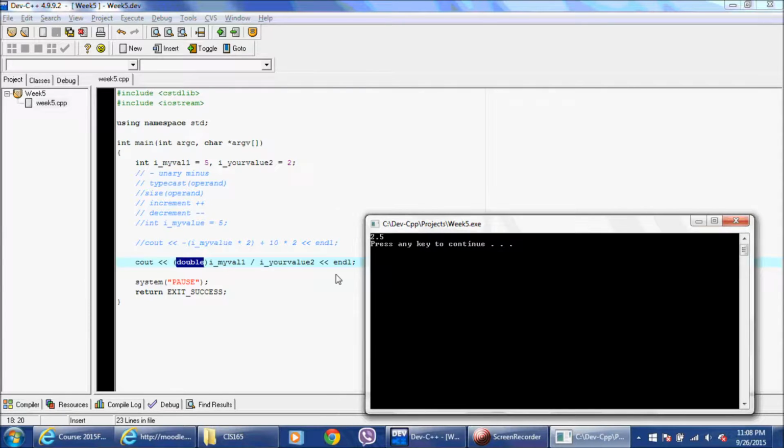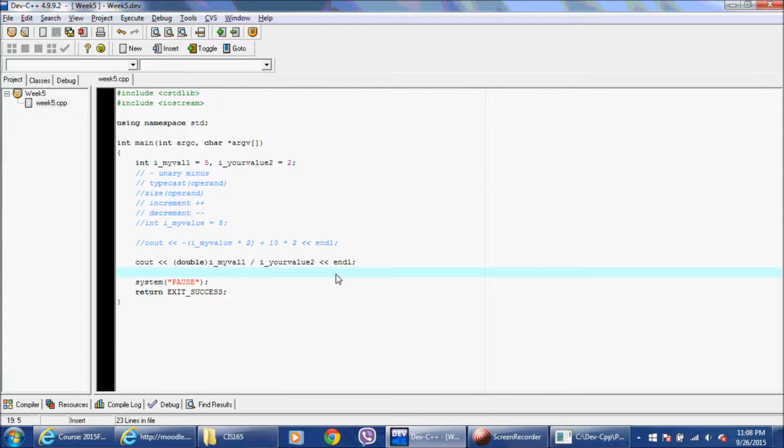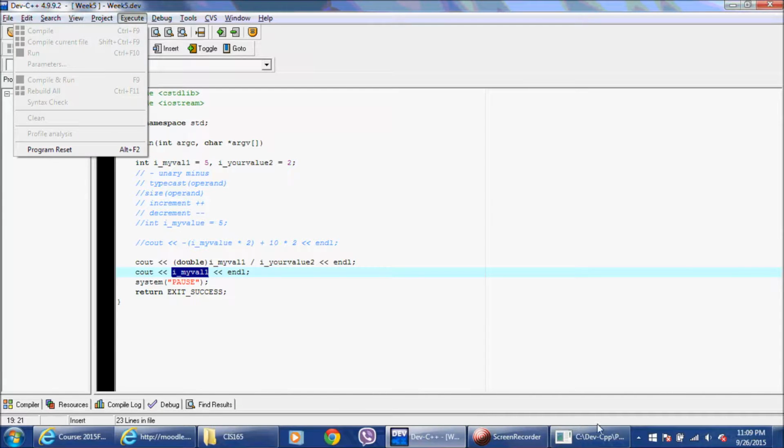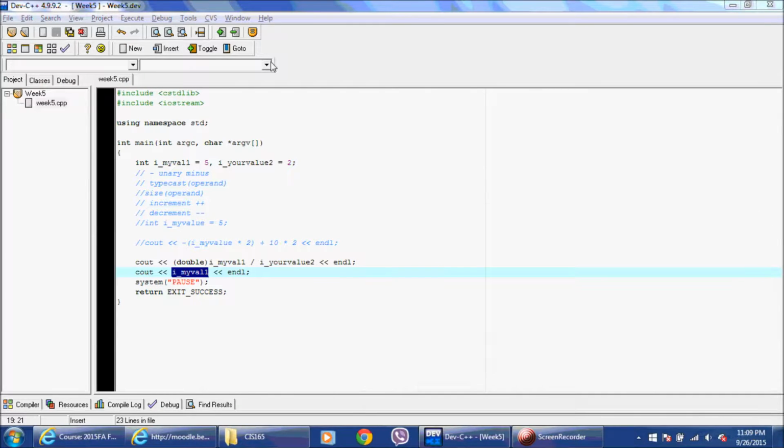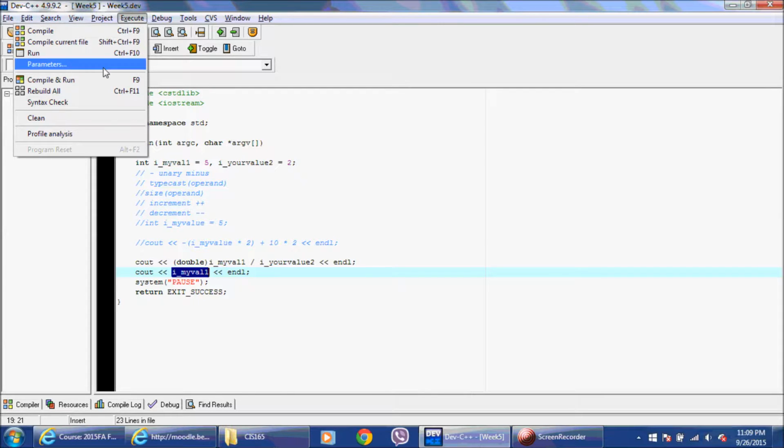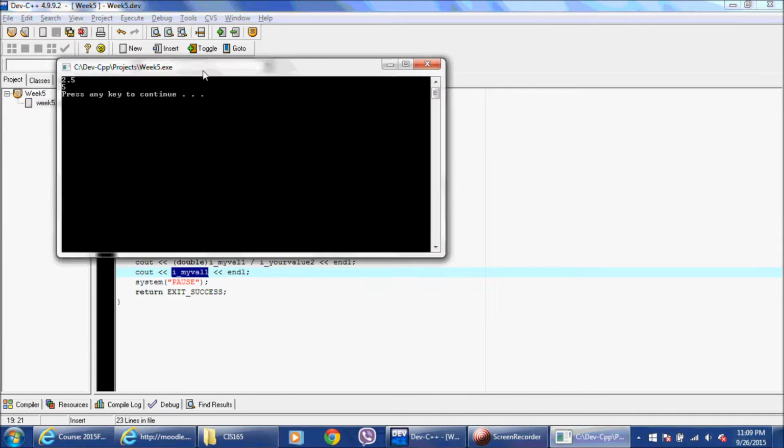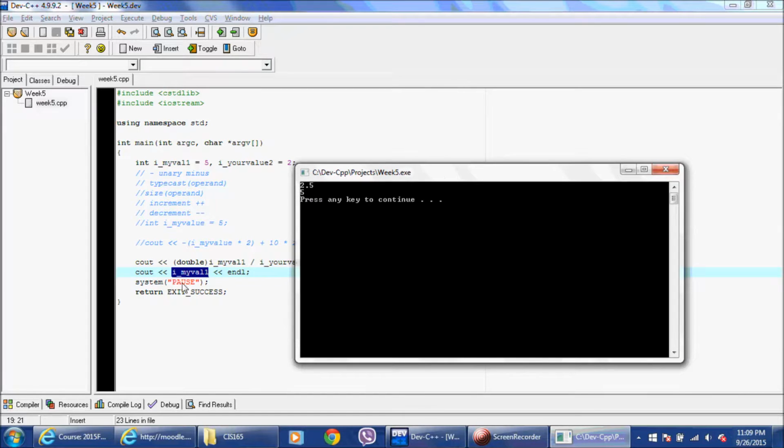Okay? But, again, it's at the moment of casting, so it's a temporary cast. It's not permanent. If I did this, my variable is still an integer. So if I do compile and run, you have 2.5, and then you have my value, which is 5, which is still an integer.